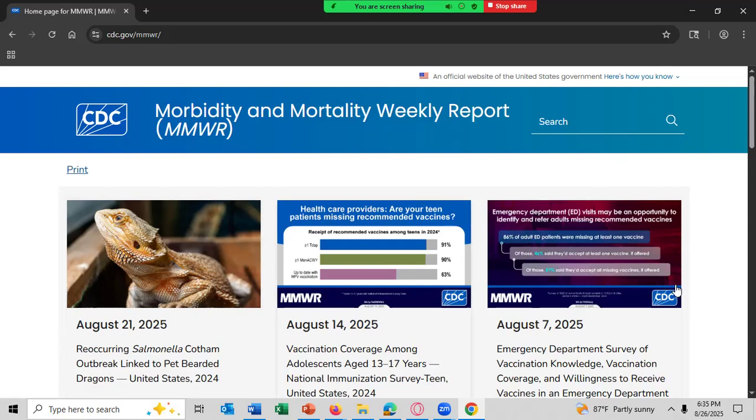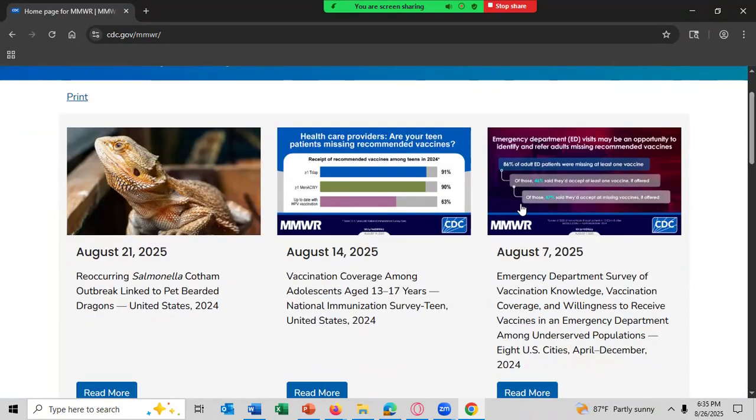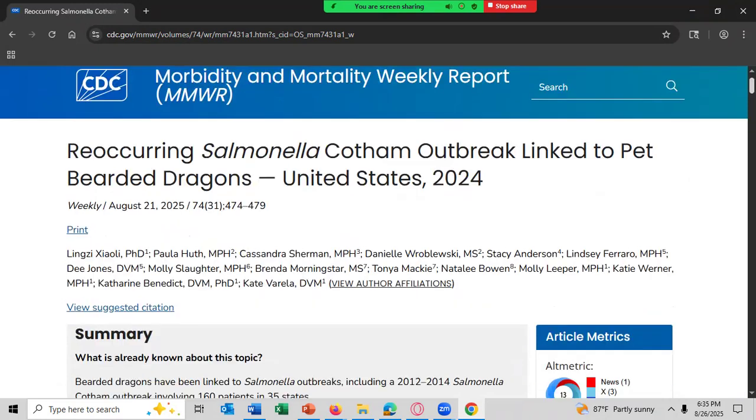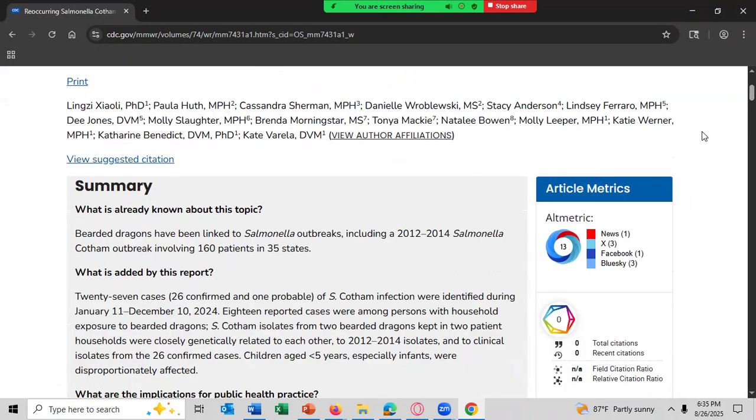For August 21st, 2025, there's a salmonella outbreak. Link to the bearded dragon right there. Didn't hear about that. Salmonella is a bacteria found in birds and reptiles.